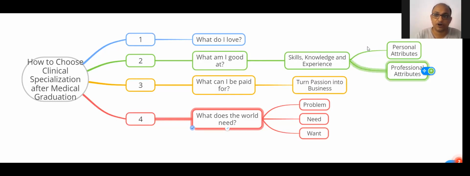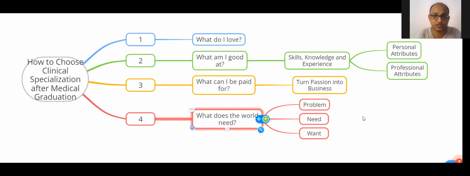So if you have already answered all of these questions, now you can try to match these things, and you will be able to find out exactly what you love, what you are good at, what is the one skill that you will get paid for, and what is the problem, need or want you want to solve or satisfy.